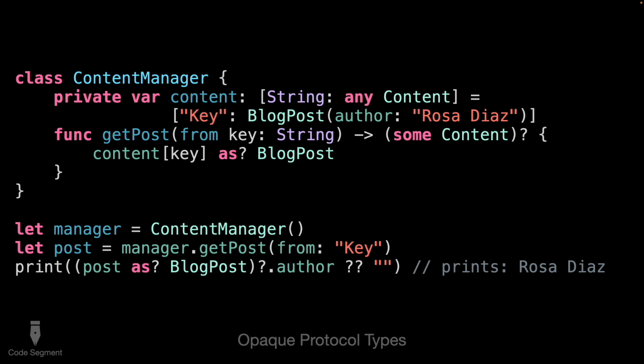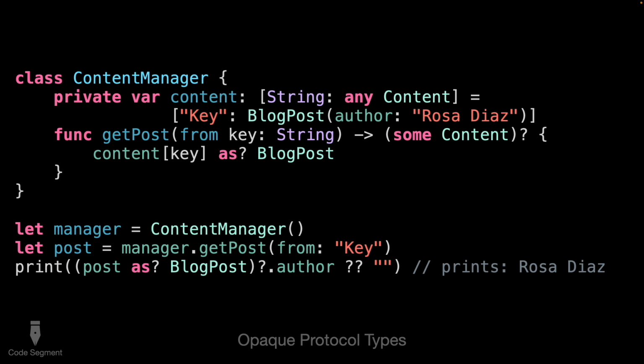However, internally, we always know that the type that we're returning is something very specific that conforms to Content. So the distinction between returning any Content and some Content is very, very small and thin. And not super well illustrated here, but it's hard to find good examples for this too, just because it's kind of an edge case thing.